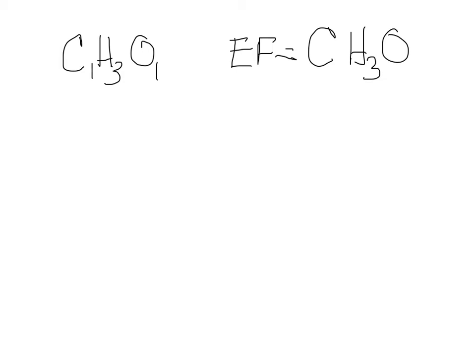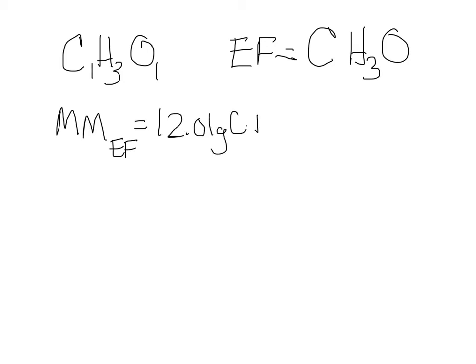Now, I'm not over with the problem. That's the empirical formula. But I also need to find the molecular formula. I need to remember that empirical formula and molecular formula are multiples of each other. So I need to find that multiple. In order to do that, I need to know the molar mass of the empirical formula. To do that, I simply add up the atomic masses. So I have 12.01 grams of carbon, plus 3 times 1.01 grams of hydrogen, plus 16 grams of oxygen.